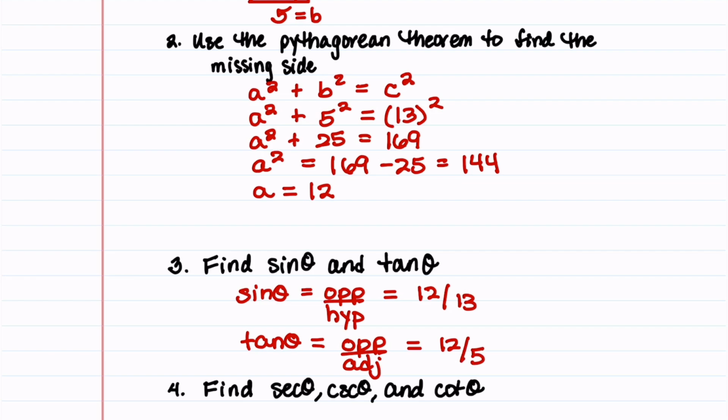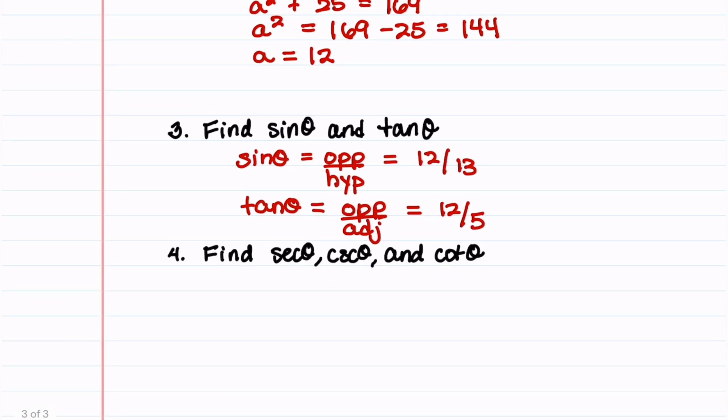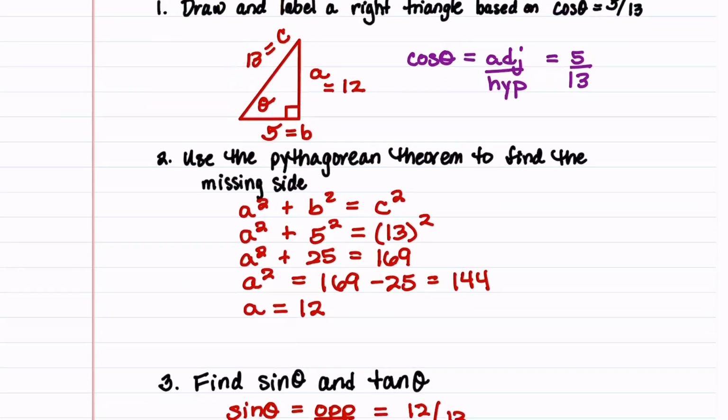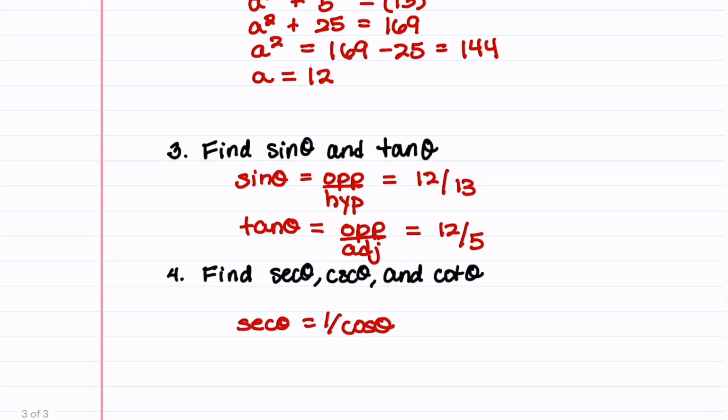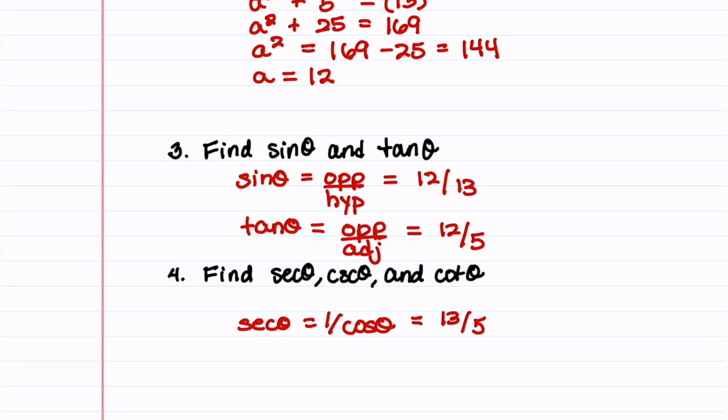We're almost done. The last thing that we need to do is to find the remaining 3 trigonometric functions. We'll again use the reciprocal relationships. So we know that secant theta is 1 over cosine theta. That's 5/13. So the reciprocal of that is going to be 13/5.